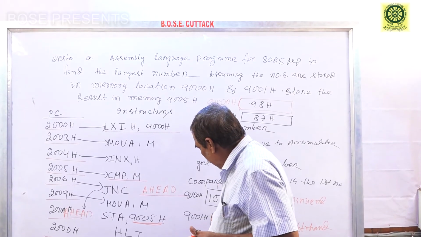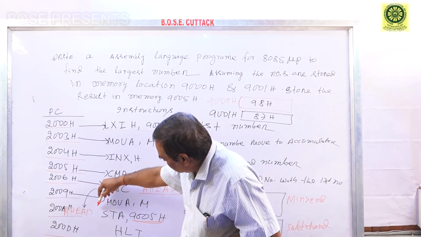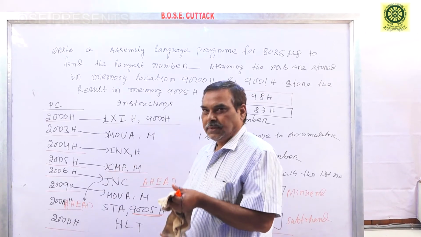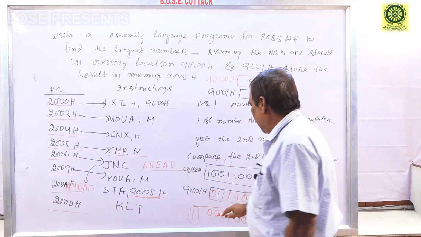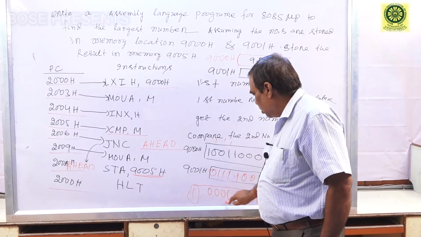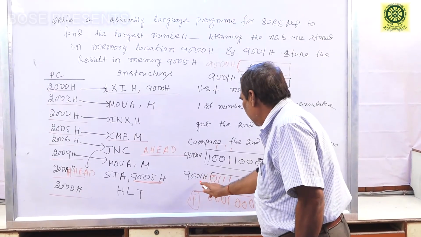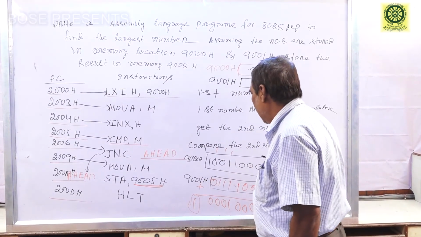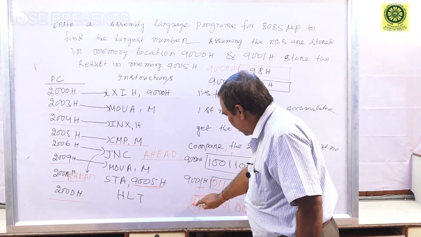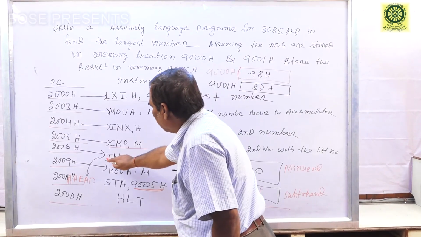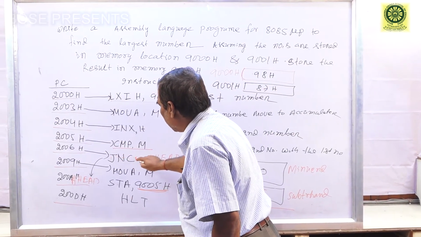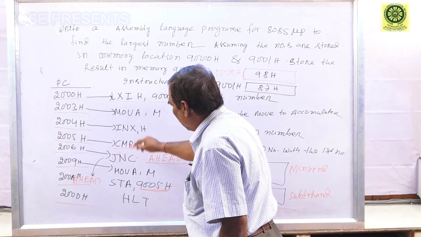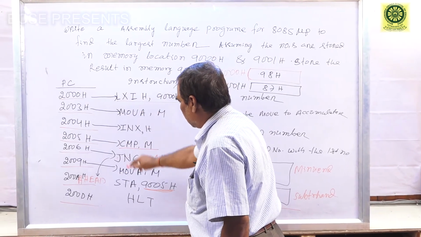And if there is a carry, then the next instruction is executed. So here you see there is a carry in the 2's complement addition, where the minuend is added with the subtrahend. And if there is a carry, then for the condition JNC, jump if no carry, that means if carry occurs, then the condition is not satisfied.